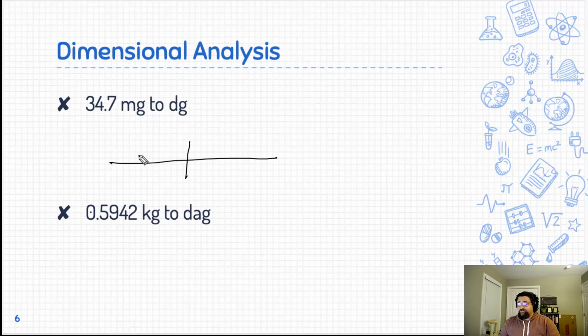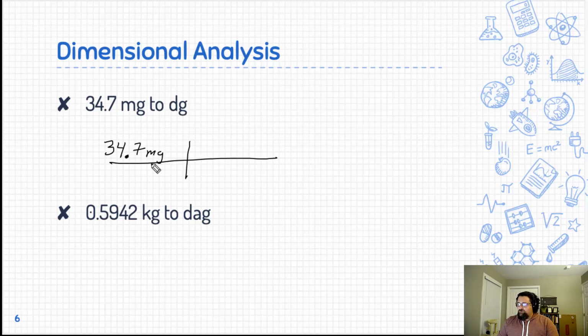Now, how we use this is fairly simple. Whatever we're given, in this case 34.7 milligrams, is going to go in the top left every time. So 34.7 milligrams, the given.